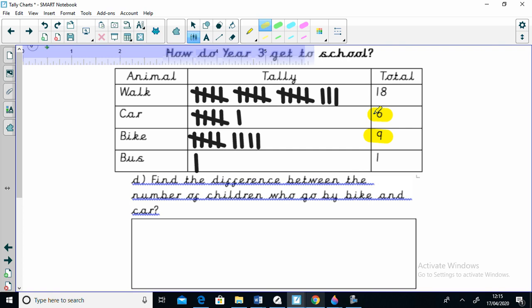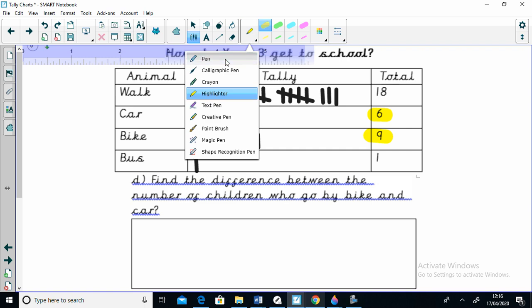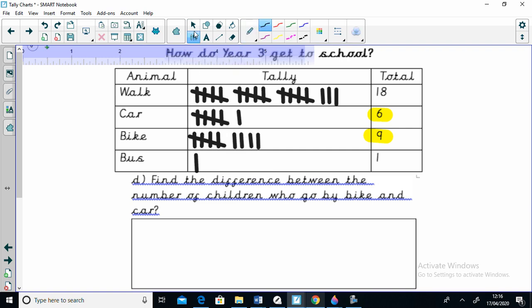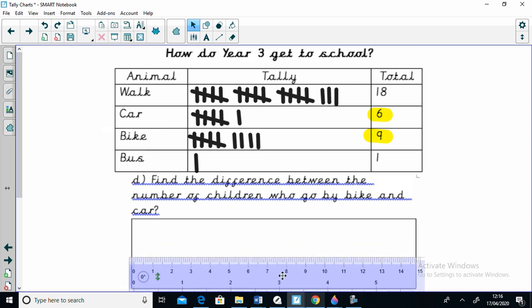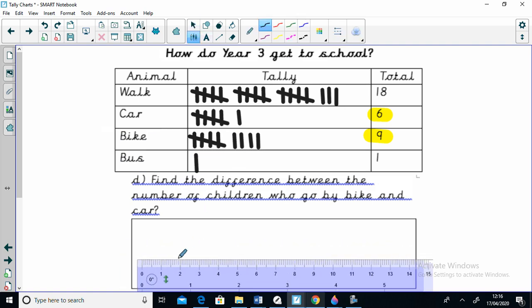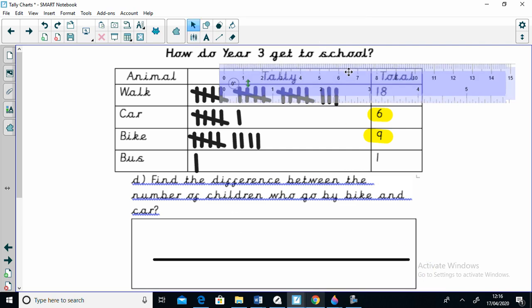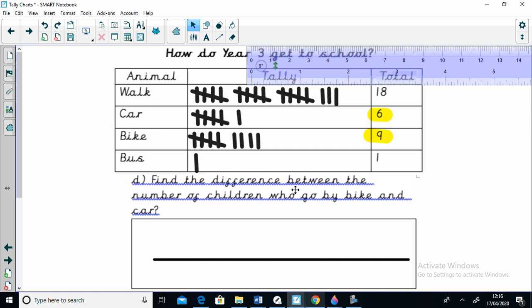Another way of wording this question could be how many more children go by bike, or how many fewer children go by car. Now, to solve this problem, again, I am going to use my number line, but I'm going to use it in a different way. First of all, draw a number line. This time, I'm going to use my number line not to add, but to find the difference between 6 and 9.